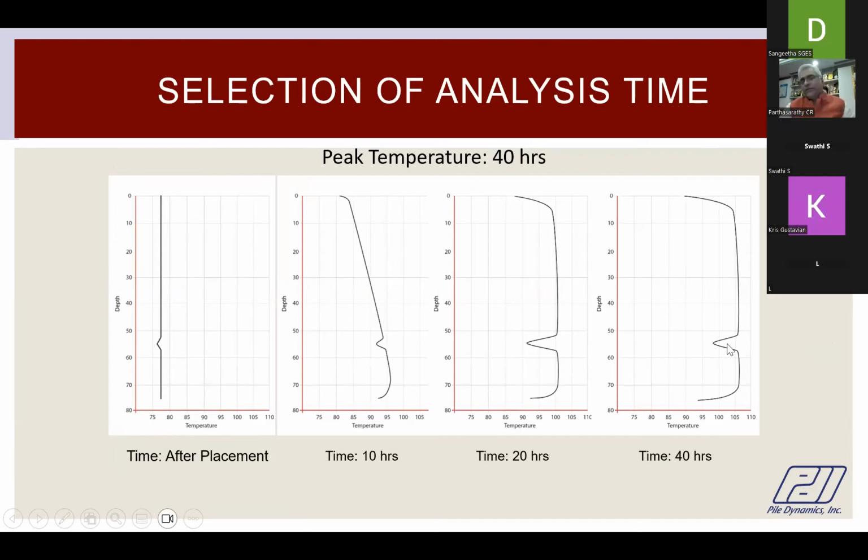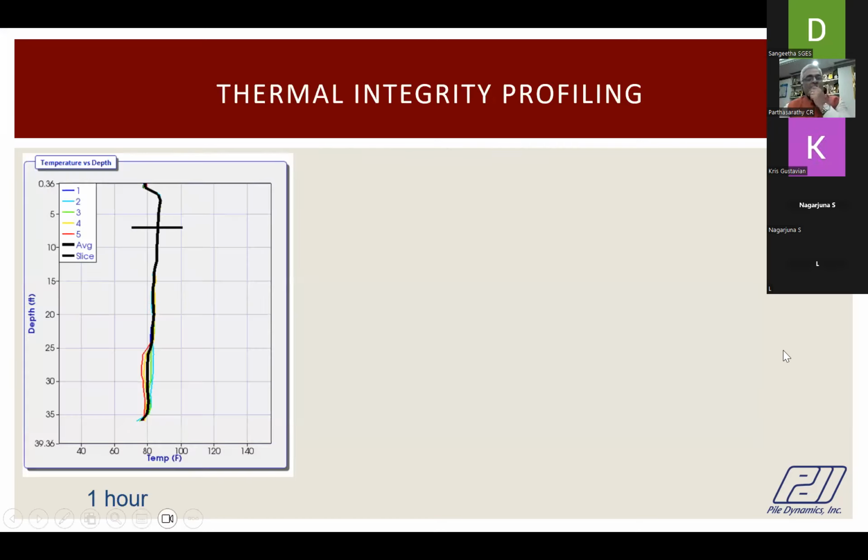And therefore, your integrity evaluation should be during the hydration process, somewhere between half peak temperature to one peak temperature. And this is one of the limitations of PIT, this thermal integrity, that your testing is during the hydration process. So if you pass that hydration process, probably you will not get any meaningful results.